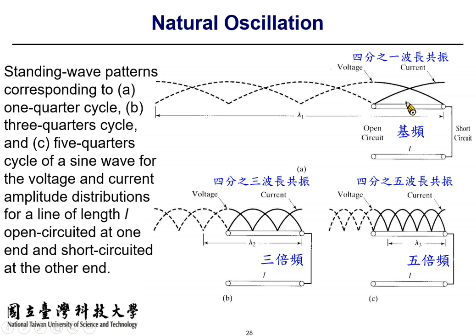For this kind of resonance, you have a short termination on one side and open termination on the other side. Okay, so the fundamental mode that can appear on this kind of structure is referred to as quarter wavelength mode. Let me give you an example.